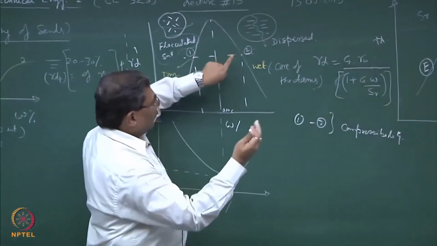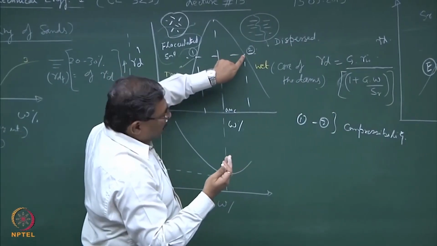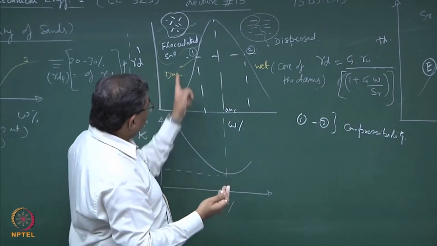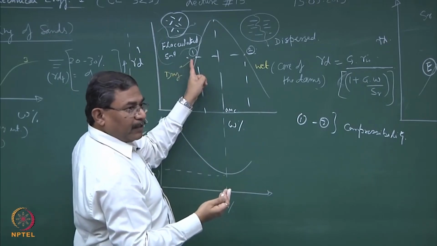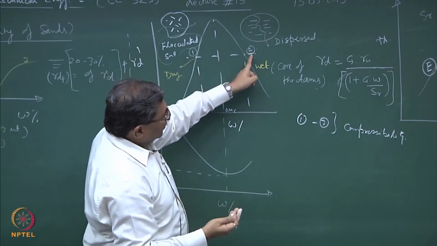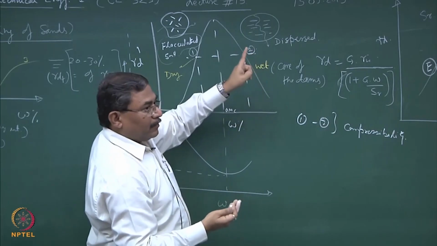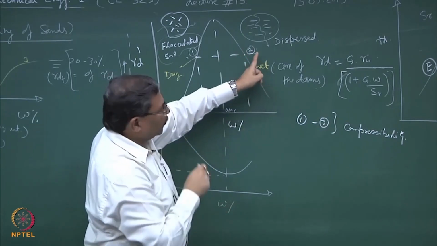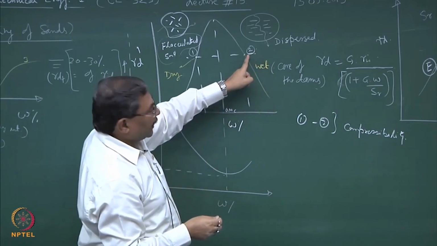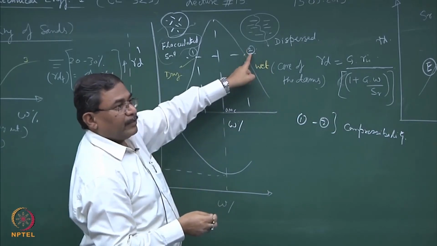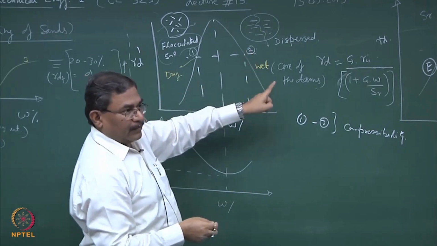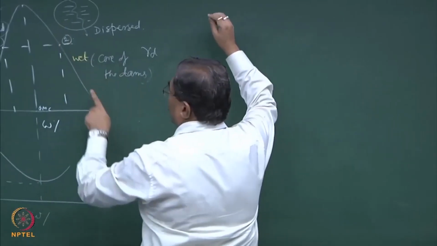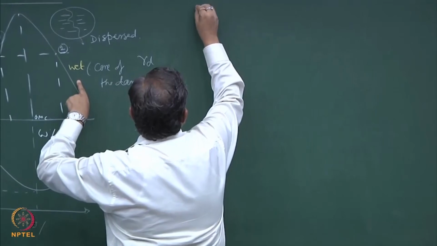Two advantages I am getting. First thing is the permeabilities are going to be low as compared to the dry state of the same gamma d, and second is the settlements and the vertical deformations are going to be extremely less when I compact the material at the wet of the OMC, clear. So, I was talking about the compressibility here.